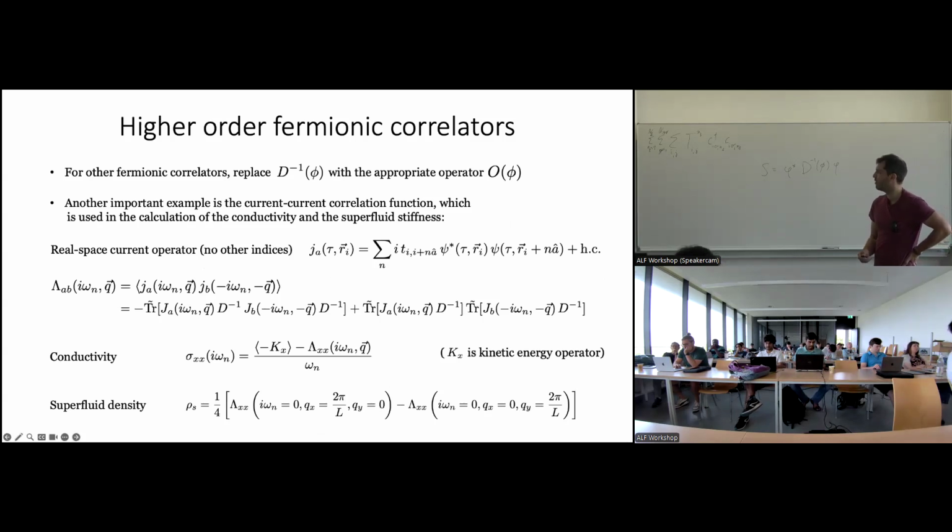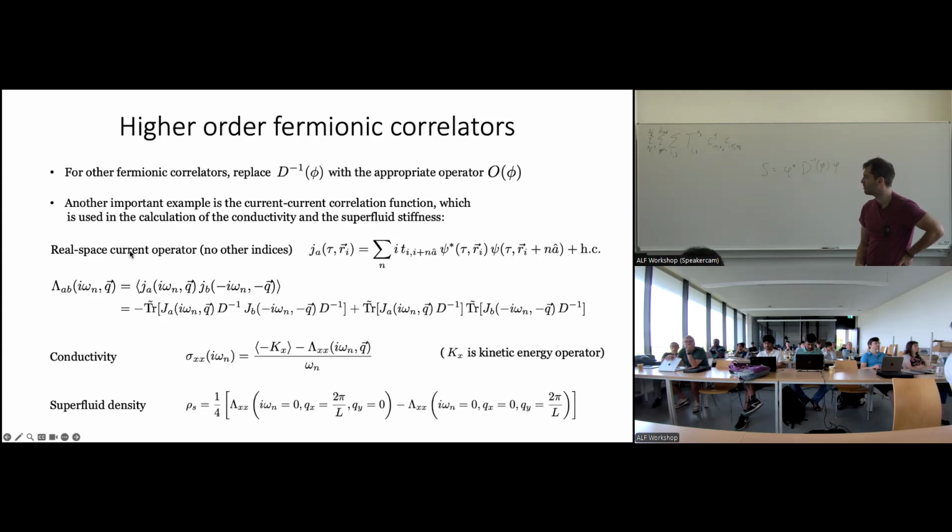But what about other operators that are higher order fermionic correlators? For example, the current correlation function is very important in condensed matter physics. It's used to calculate the conductivity and the superfluid density.